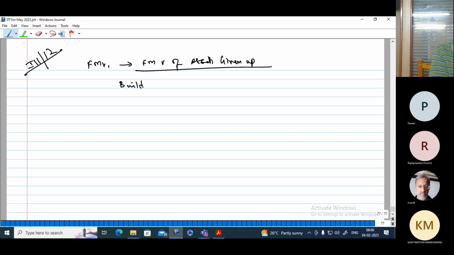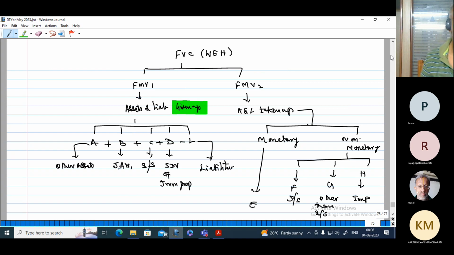Building, immovable property. Under what head will this immovable property come up? Whether it will come under A, B, C, D, E. A is other assets. Second one is jewelry, artistic work.